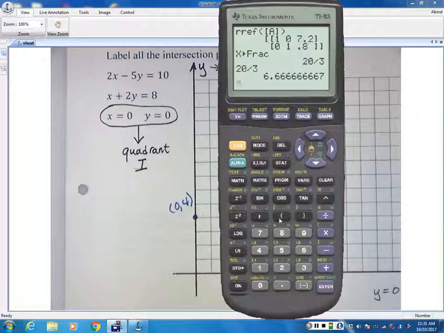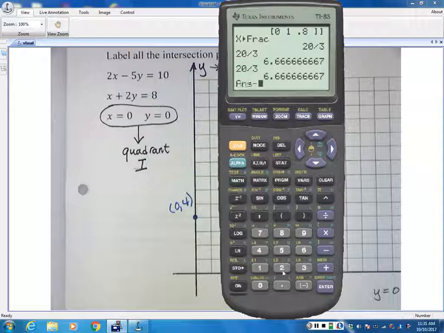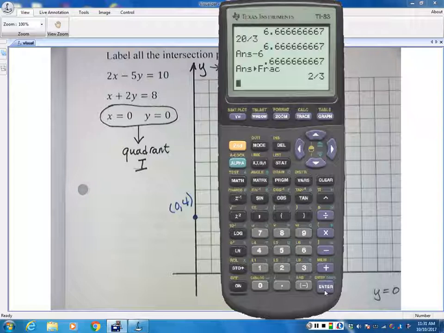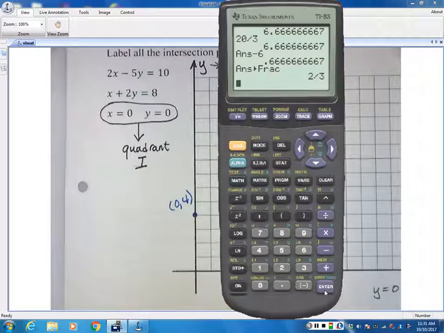If you take 20 over 3, and then subtract the 6 and ask it to show you that answer, it'll turn the rest of it into a fraction. So that's 6 2/3.